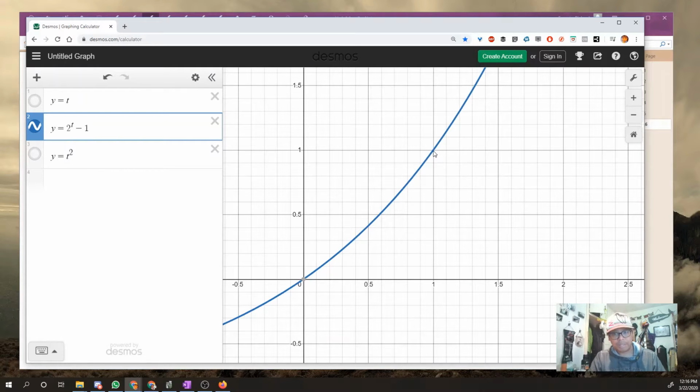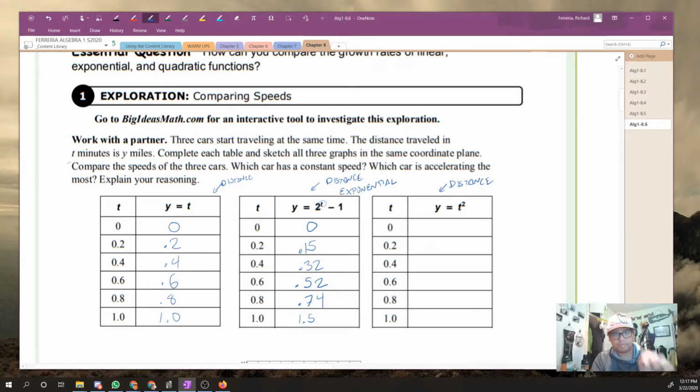So let's take a second and put those into our chart. I did a little bit of refinement here, and comparing these two, at 0.2 the linear graph is faster.